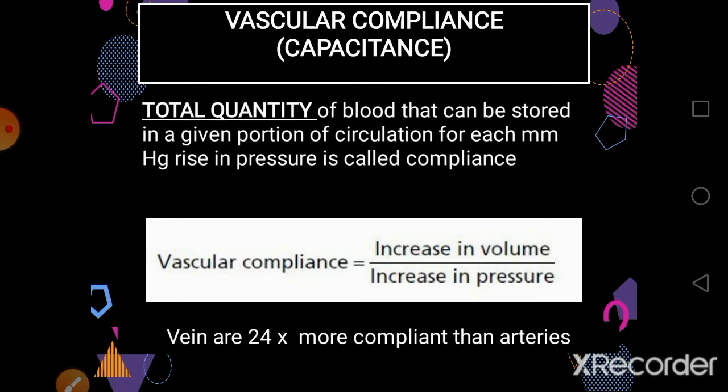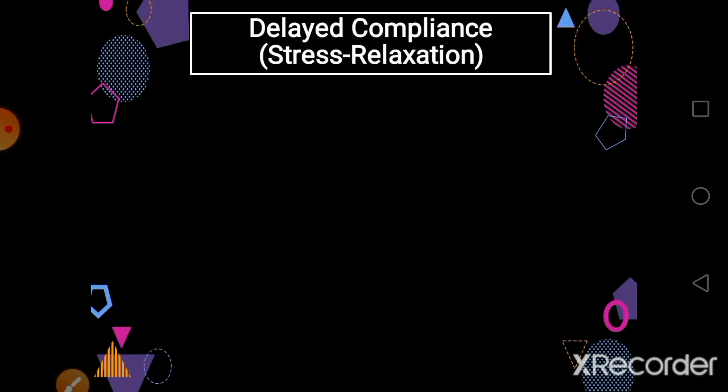This contraction immediately following a stretch is known as early compliance. This is due to the elastic recoil of the aorta. On the other hand is delayed compliance.